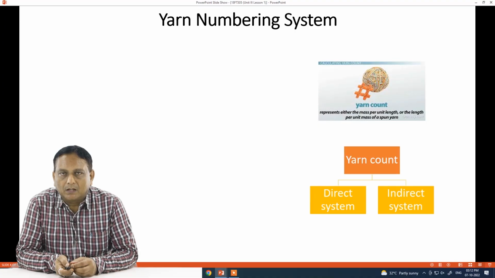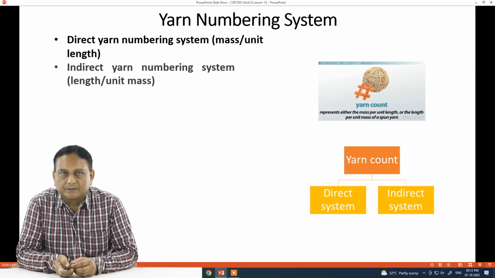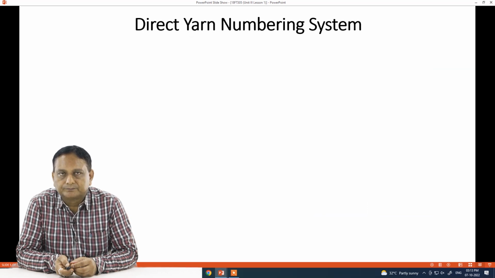As we have seen in the different packages, different yarns have different fineness or thickness. The direct yarn numbering system is the mass per unit length, and the other type of numbering system available is the indirect yarn numbering system, that is length per unit mass. So these are the two yarn numbering systems available in the textile industry.